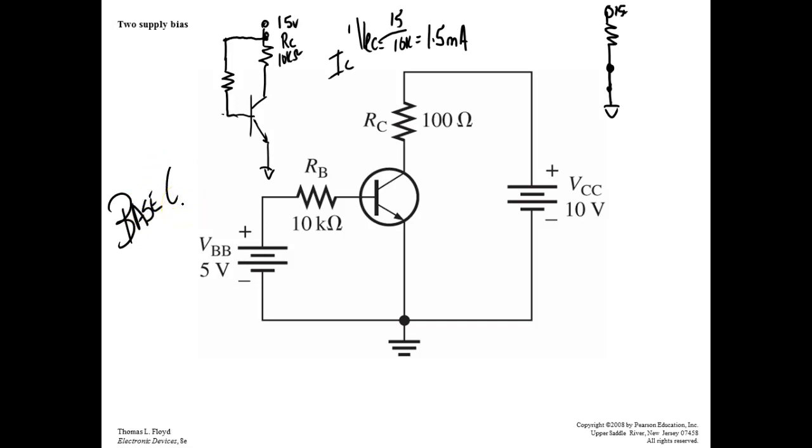I can't do the base resistor unless I know the base current. Well, I know the base resistor. What voltage is going to be dropped across the base resistor when the transistor turns on?